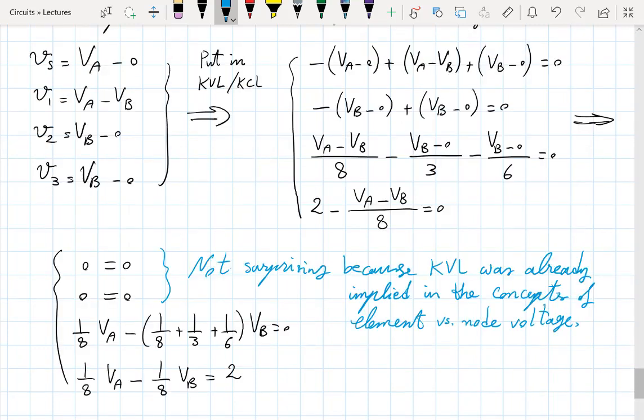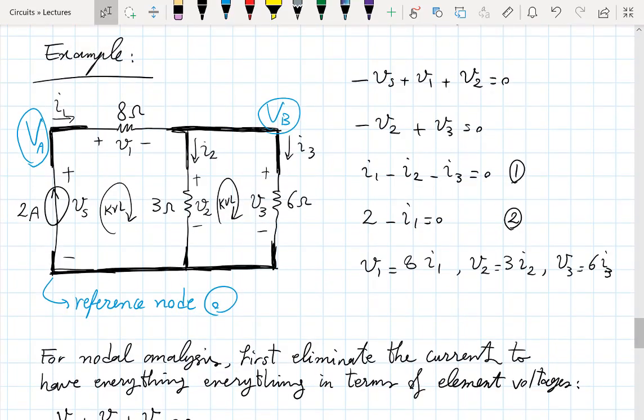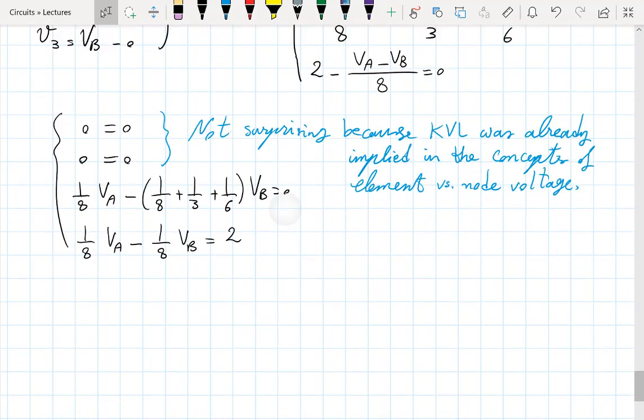So if you look at the circuit here, what happens is the KCL at this node A at the top left is just telling me 2 amps equals that current I1. Well, from Ohm's law, the current I1 is V1 by 8, but V1 itself is big VA minus big VB, so basically VA minus VB divided by 8 equals 2.